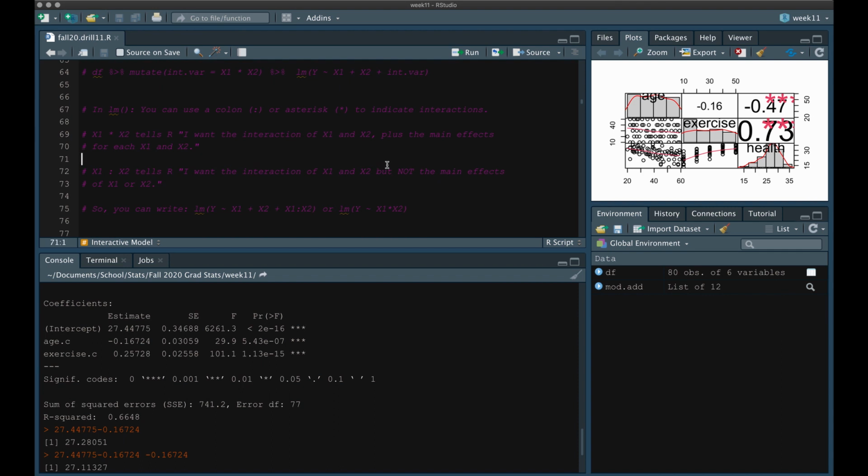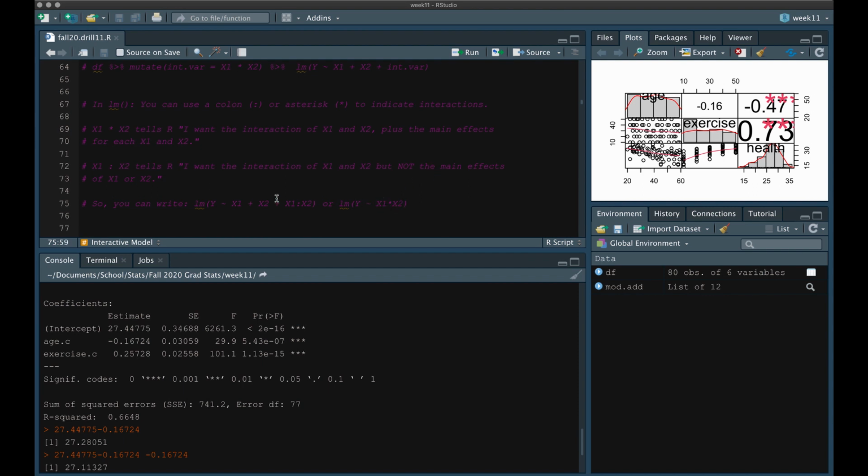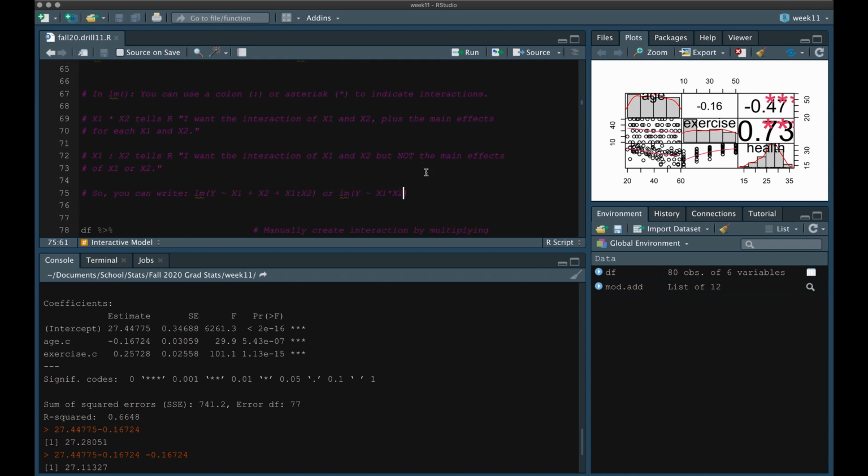It will not put the main effects in for you. So you could either write it as x1 plus x2 plus x1 colon x2, or you could write it as simply y regressed on x1 times x2, and that will also give you x1 plus x2 plus x1 times x2.